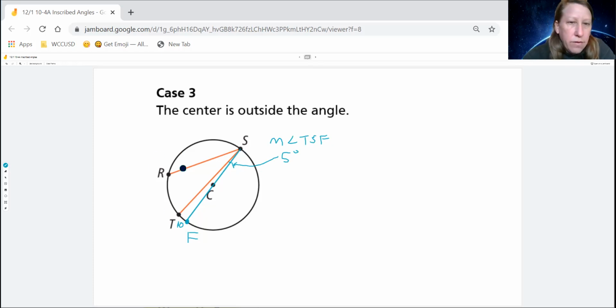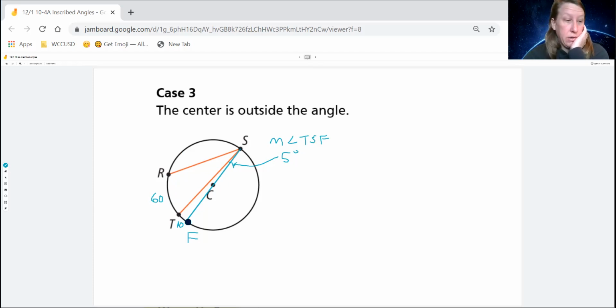How about if this part is 60? All right, this is a little trickier. If this part is 60, what's this whole arc? Remember, we need to use the diameter here. So RF is 70.